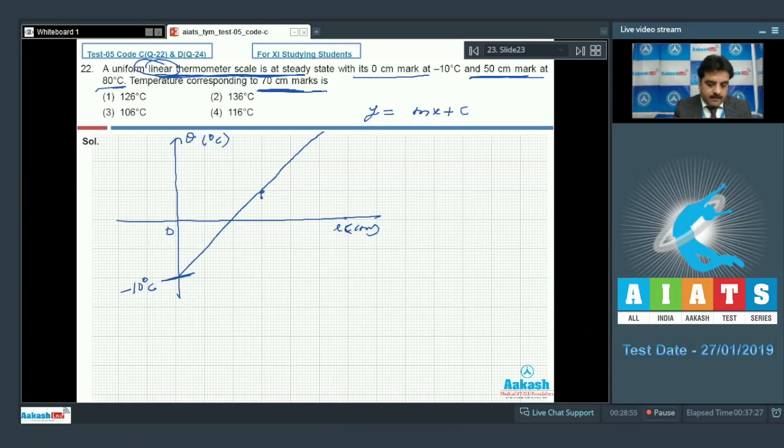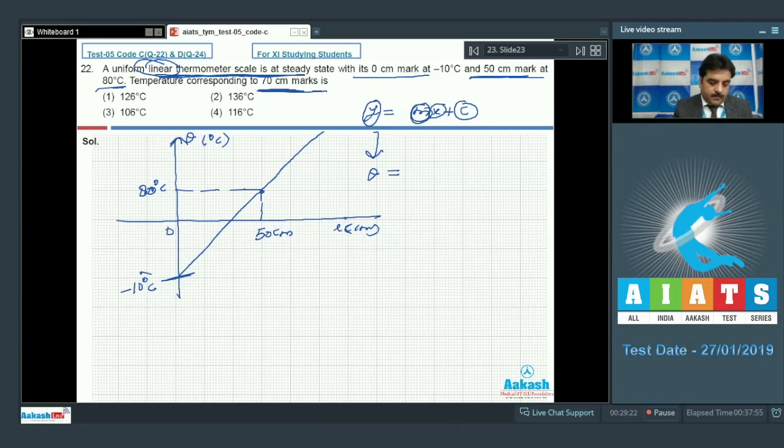But the question says at the 50 centimeter mark, the temperature was 80 degrees centigrade. Right? This one. Now I need only the values of y, slope, x and c. You can replace y by theta because theta is on the y-axis, and you need m, the slope.